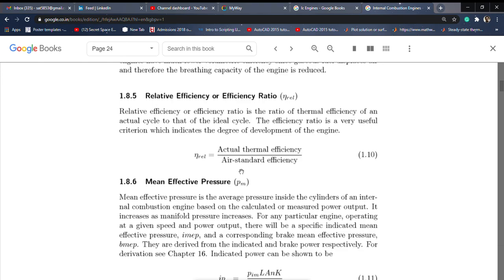What air standard efficiency is, we'll discuss in detail in coming lectures. In the air standard cycle, we assume the cycle works with only air. We assume that there is no fuel, the only working fluid is air. But in the actual thermal efficiency, the cycle includes the fuel also. Okay, so the ratio of these two is the relative efficiency.